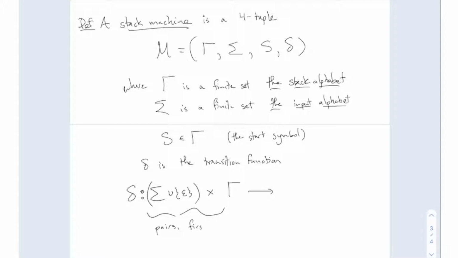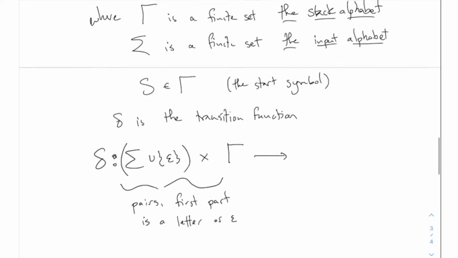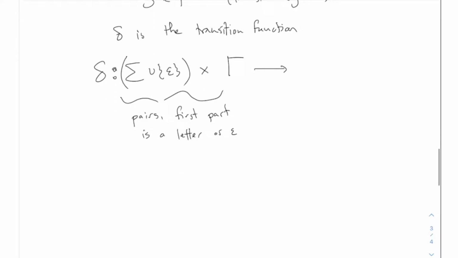The first part of the pair is a letter from the input or epsilon. And the second part of the pair is a stack symbol from gamma. Sorry, I zoomed out. The first part is a letter or epsilon. Second part is a stack symbol.